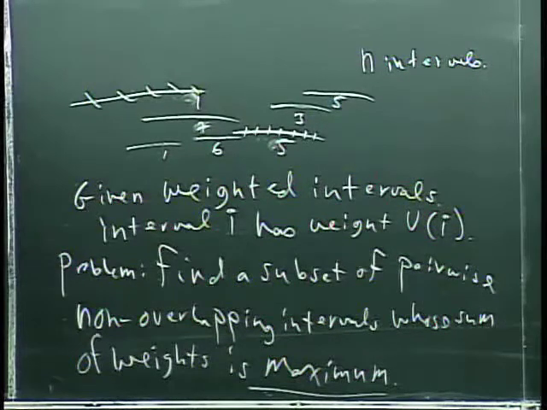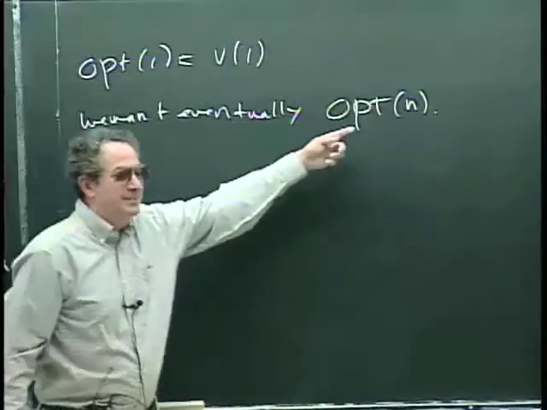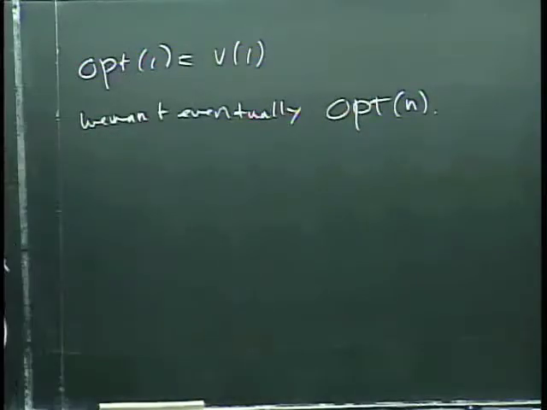Are we satisfied with opt of 1? Opt of 2? What is it we want, ultimately? Right, opt of n. Who said that? Oh, I did. Yeah, we want opt of n, because that's 1 through n. That's everything. Okay? So I'm just trying to use the notation here, use the terminology, so you're comfortable with it.